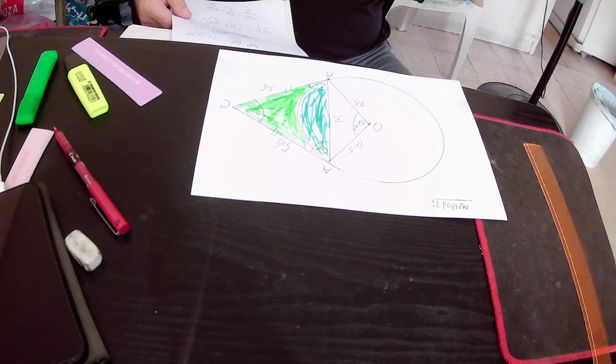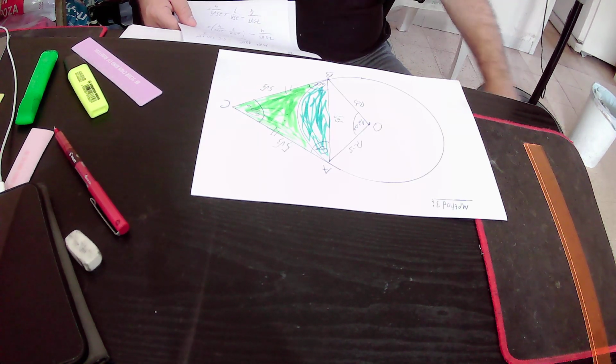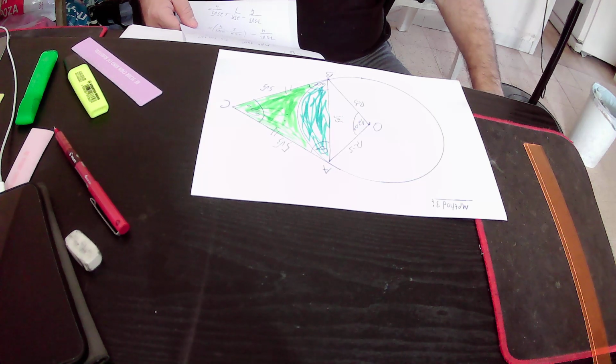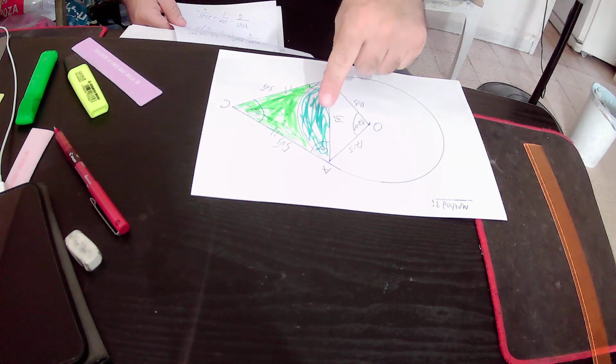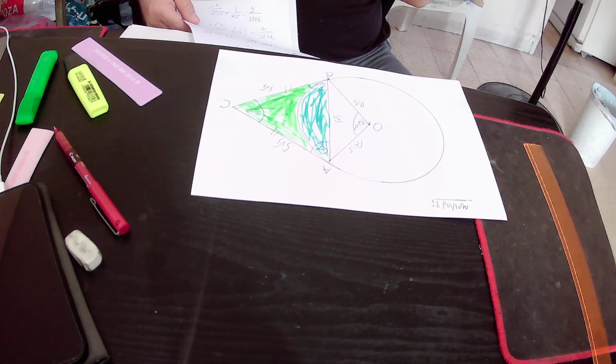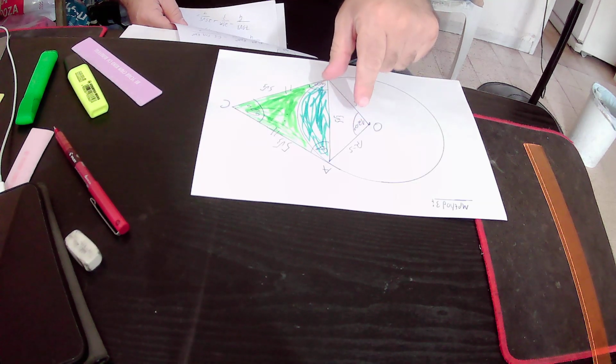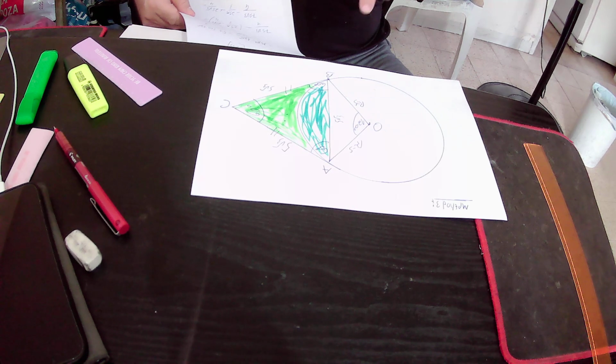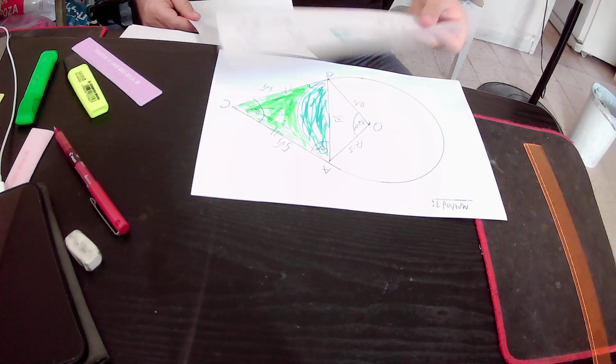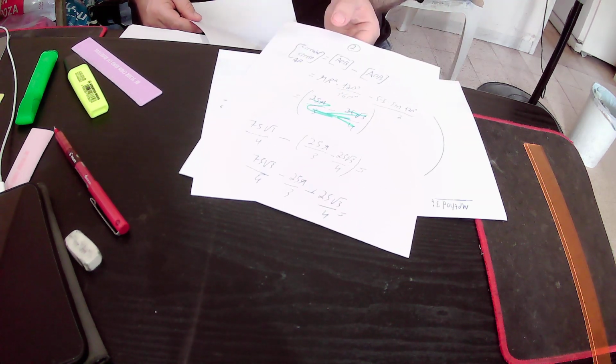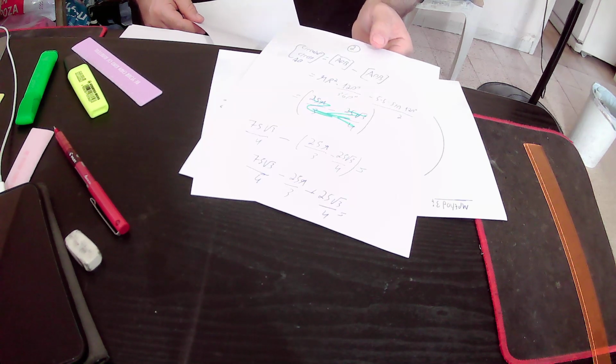That is the circle AB. So the area of the blue shape equals the area of sector AOB minus the area of triangle AOB.